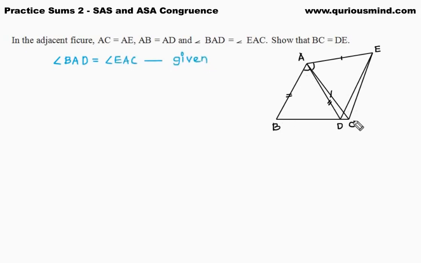Angle BAD is equal to angle EAC, that is given. So let's call this 1. Angle BAC is equal to angle BAD plus this small angle DAC, that is adjacent angles.